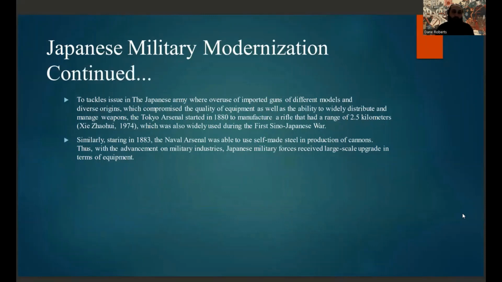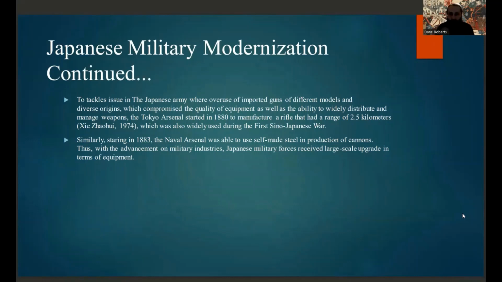So, to tackle issues in the Japanese army that had been present since the Boshin War, imported guns of various different models and diverse origins. Again, remember the Enfield, the Minié, and the Spencer repeating rifle and things like that all coexisted.